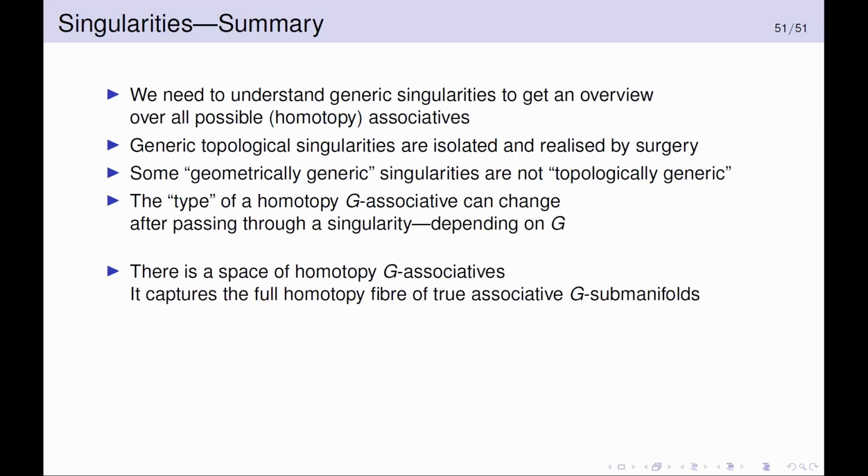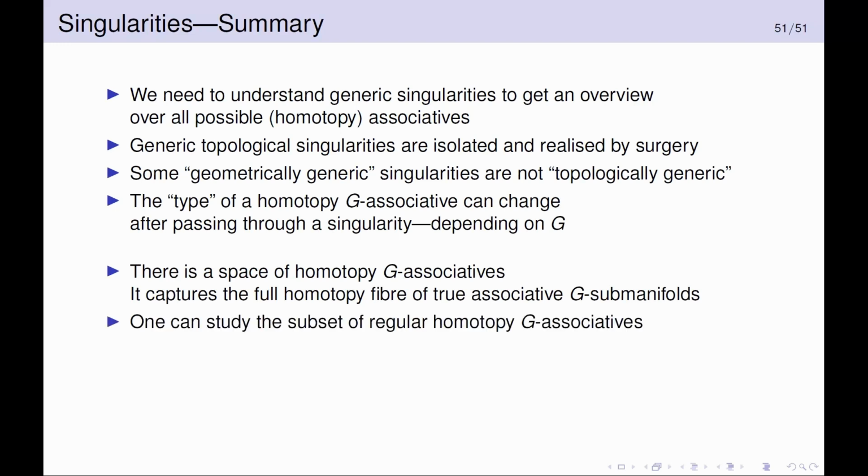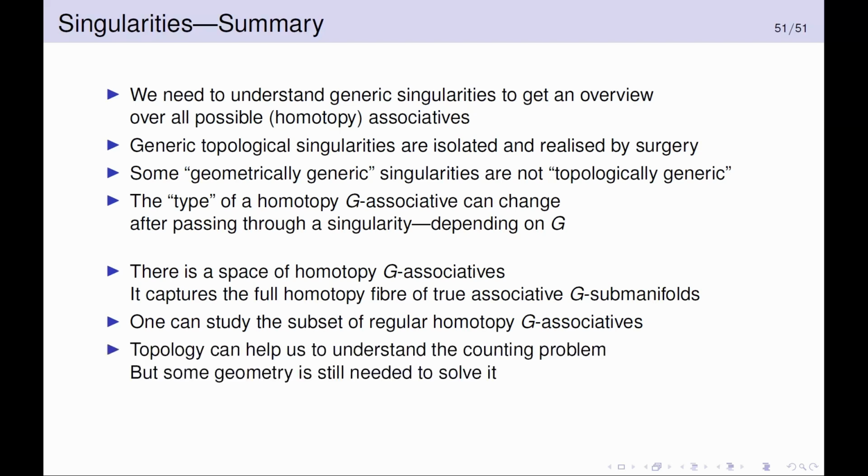Going one step back, remember, we have the space of homotopy G associatives, which captures the full homotopy fiber. We can study the regular homotopy G associatives together with the singularities that we like. My upshot is that topology can help us maybe to understand the counting problems that I've alluded to at the beginning, just as topology has helped to find the new invariant to distinguish the two structures.